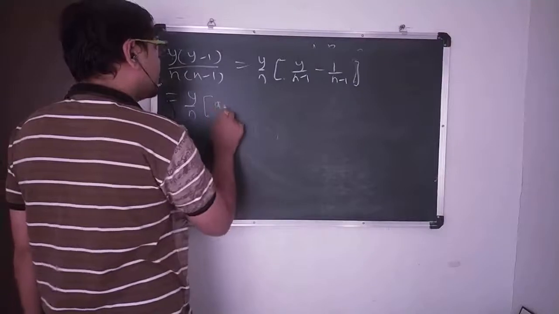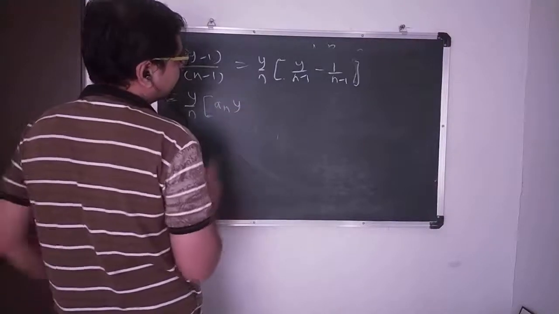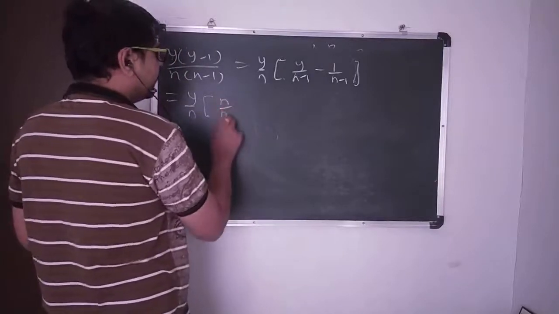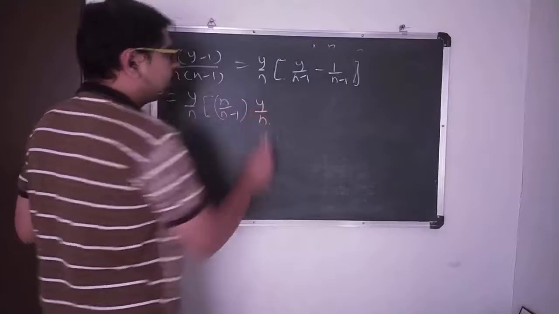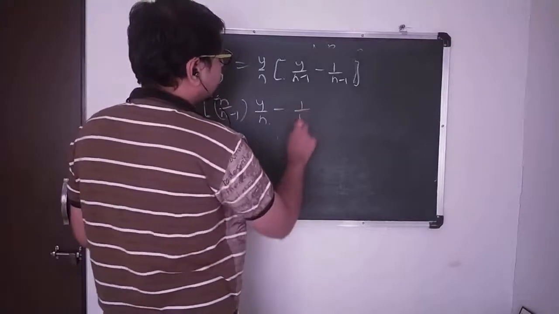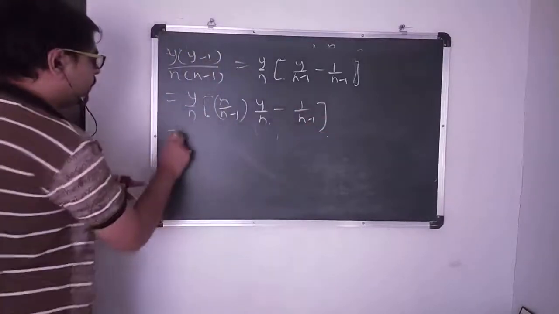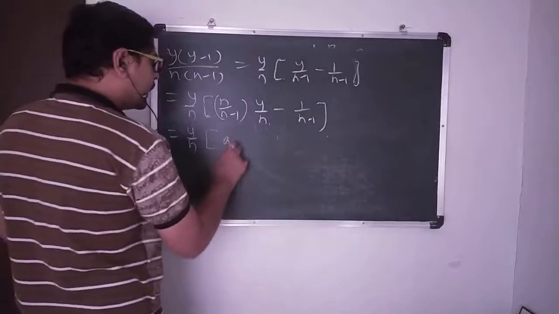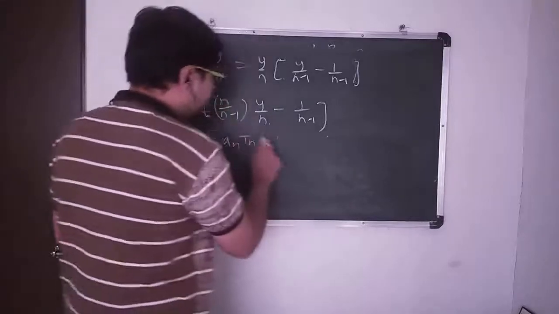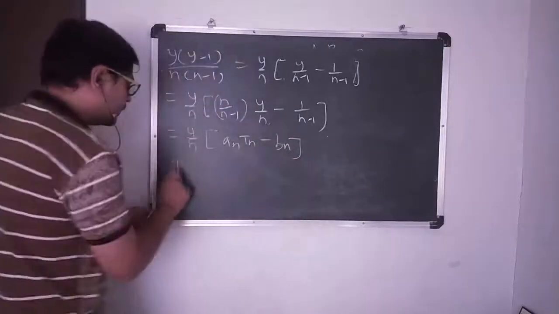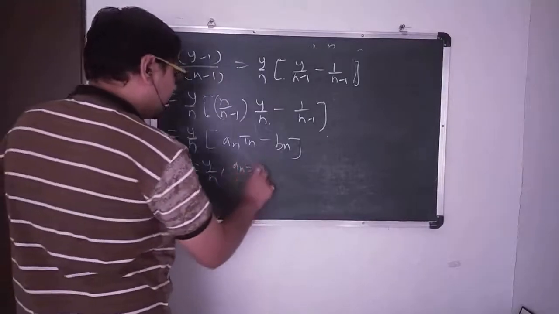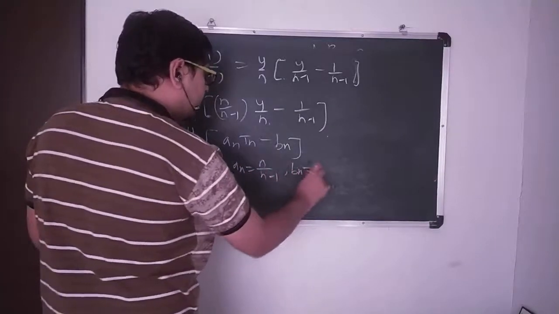This can be written as n/(n-1) times Y/n, so we require Y/n here, minus 1/(n-1). So this is An Tn minus Bn, where Tn is Y/n, An is n/(n-1), and Bn is 1/(n-1).